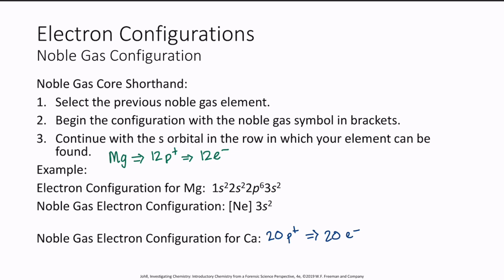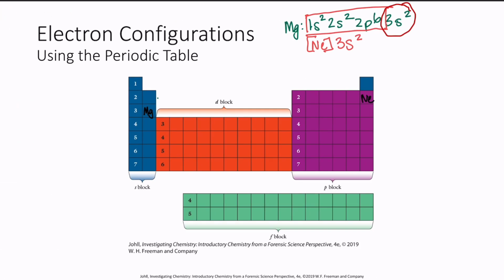So if we were to do the noble gas electron configuration, I would have to go and look at the noble gas that comes right before calcium. So let's write calcium into our periodic table. It comes right below magnesium.